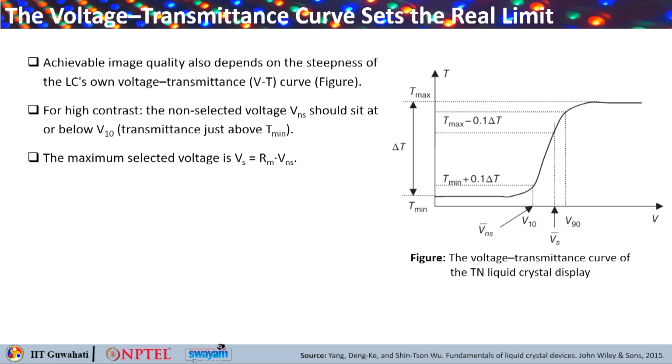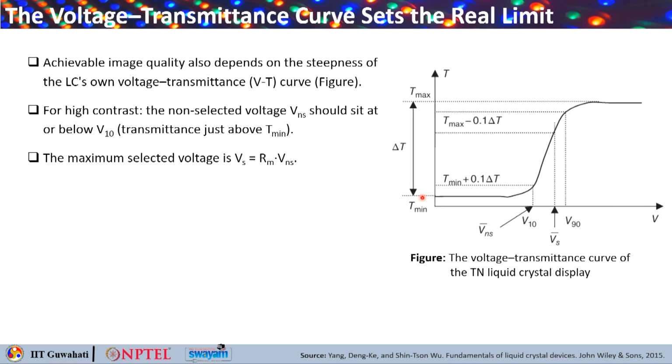We can define V10 and V90 as the voltages at which the display reaches 10% and 90% of its full transmittance swing delta T. It is measured not from the zero level but from the minimum transmission level.